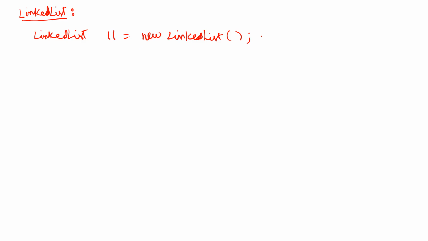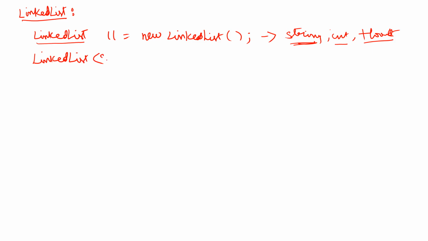But this one accepts any kind of data types. That means this accepts a string data type or integer data type or float data type. So any kind of objects like integer objects, float objects or string objects. If we want to restrict this to accept only a particular kind of object, then we have to write it like linked list, and then in angular brackets, let's say I want to accept only string objects.